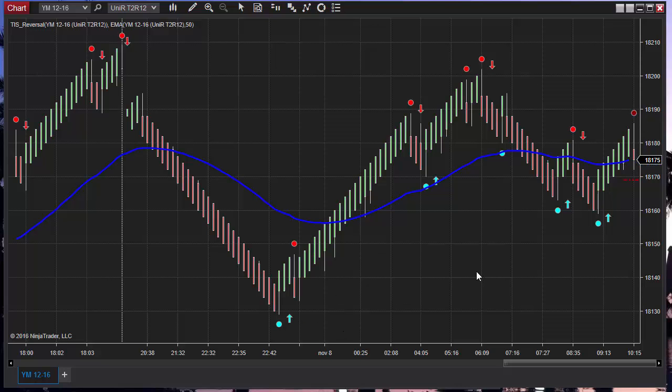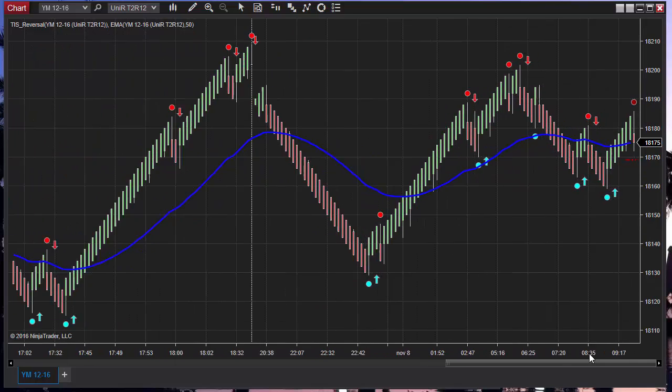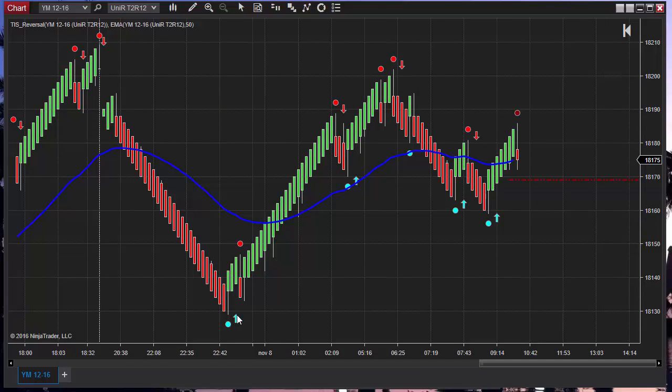And for the Unirenko, the RVO entries have not much use because of the way the Unirenko works, usually having a dot is enough to have an entry. And we can apply some filtering also.